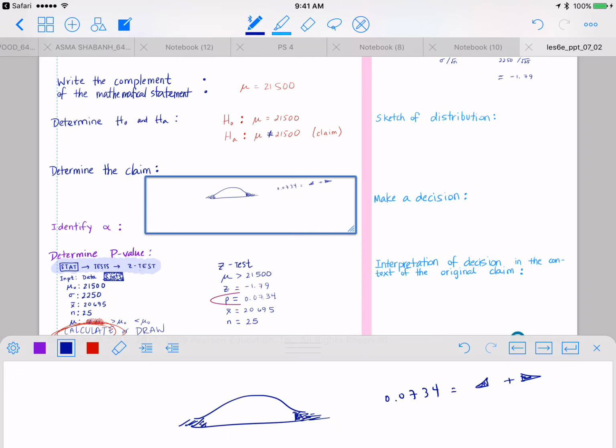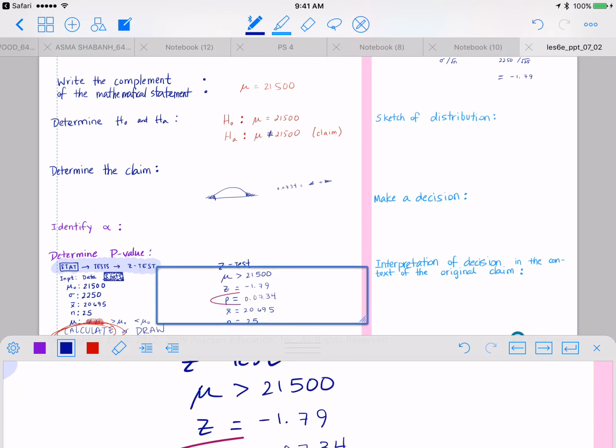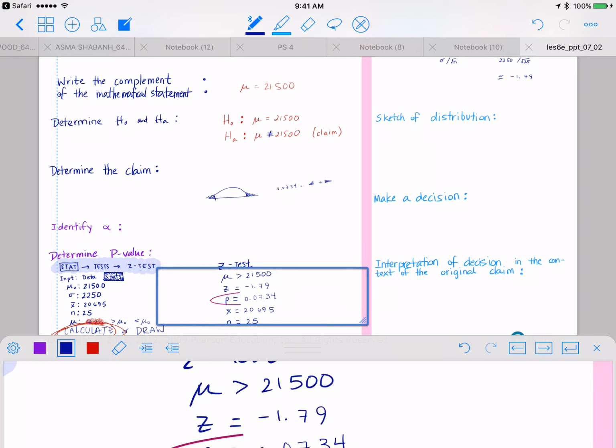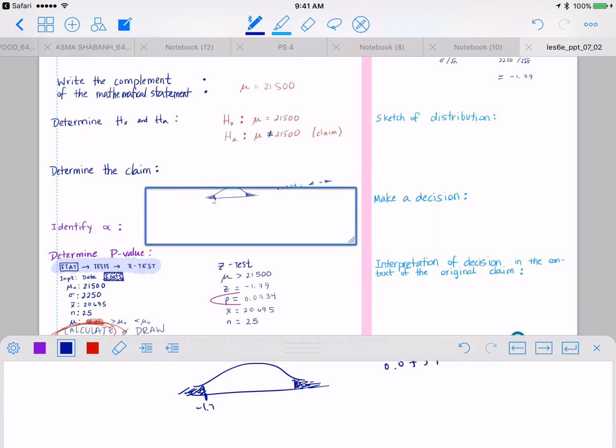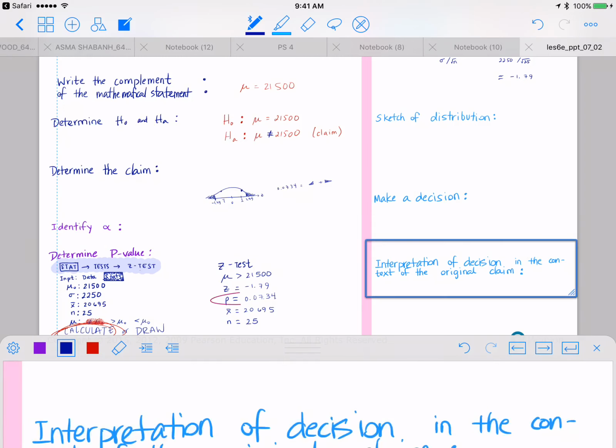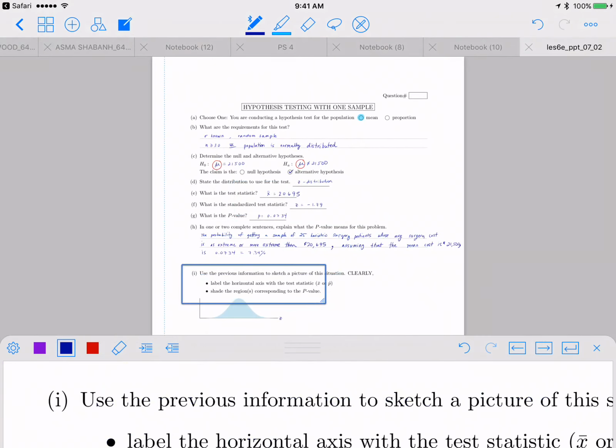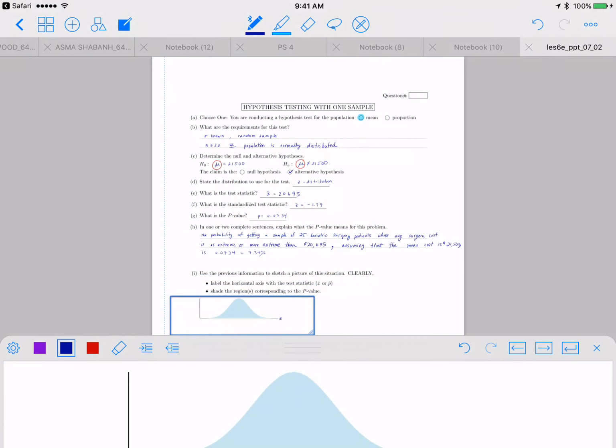Now, those tails correspond to the standardized test statistic. So this will be negative 1.79, and this will be positive 1.79. And in the middle, we'll have 0, because this is a z distribution, and our inflection points will be at negative 1 and 1.